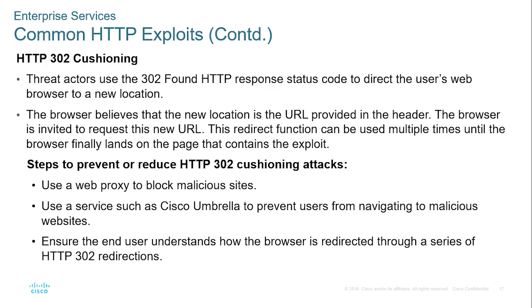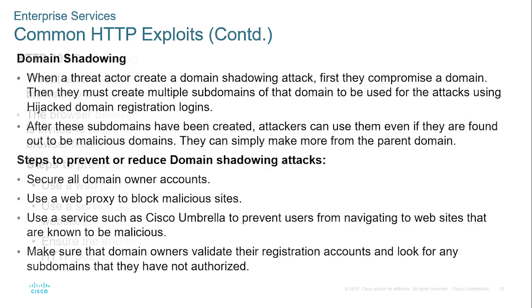So how do you prevent or reduce the HTTP 302 cushioning attacks? We use a web proxy to block malicious sites. I mentioned web proxy before, so I'm not going to talk about it again, or Cisco Umbrella for that case, to prevent users from navigating to those sites. And we can also inform the user, let them know what 302 is. Right, so we also have what we call domain shadowing.